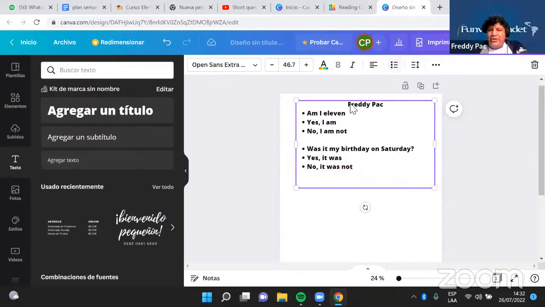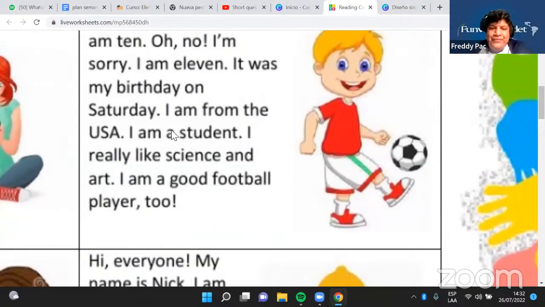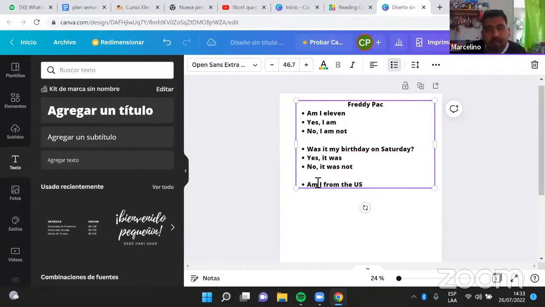So what is another good question, guys, in my reading? This is a good question: I am from the USA. What do you think is a question for I am from the USA? Am I from the USA?